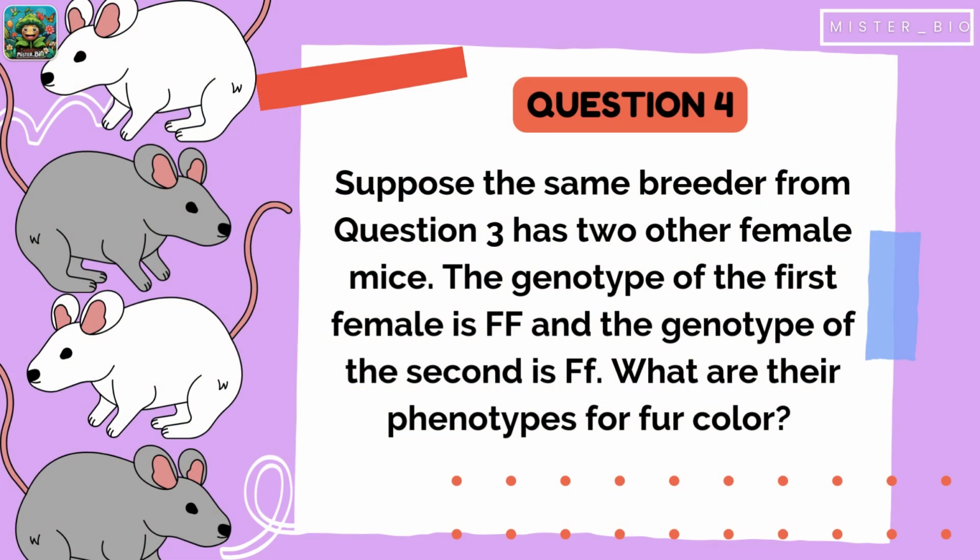Now, for question number four. Suppose the same breeder from question 3 has two other female mice. The genotype of the first female is homozygous dominant or two uppercase F, and the genotype of the second is heterozygous dominant or one uppercase and one lowercase F. What are their phenotypes for fur color?